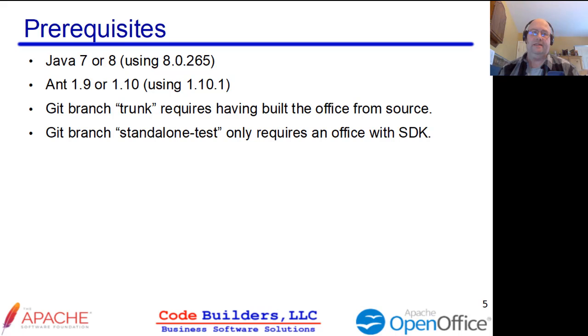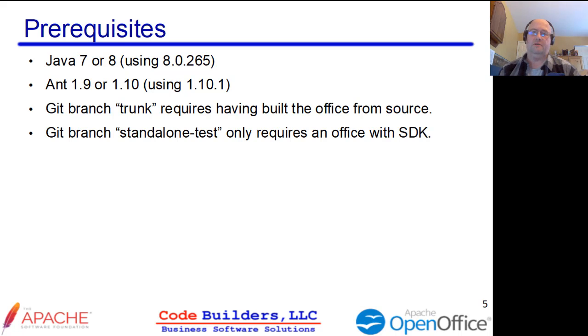The reason for that is there are some jars that are built and located in some of the output directories from that build. And then there's a new branch that I'm working on called standalone test, where I've separated the tests out so they don't require having built the office.